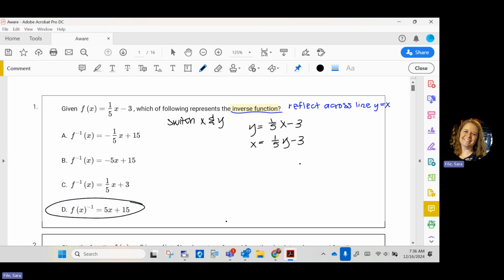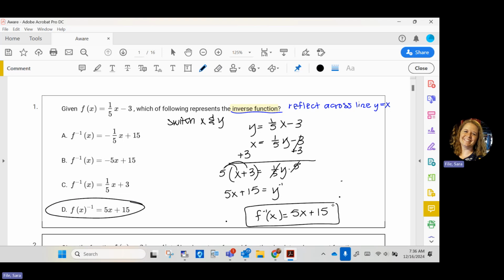So I would take 3 and add it to the other side. x plus 3 equals 1/5 y. And then to get rid of the 1/5, I would multiply both sides by 5. The entire other side gets multiplied by 5. So that gives me 5x plus 15. And then you rewrite it in function notation. So this is the inverse: f inverse of x is 5x plus 15.